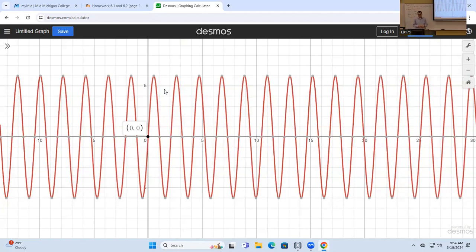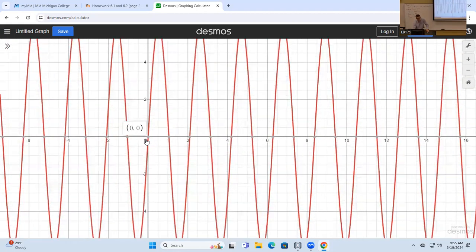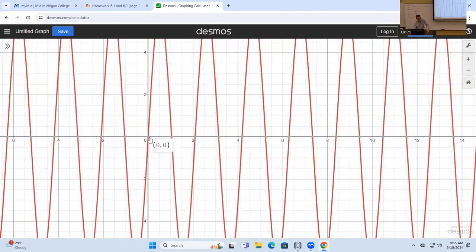You guys understand how I know that's a sine function? It goes through the origin, right? Cosine does not, unless it has a phase shift, but it doesn't. And also, if I said, what's the A?